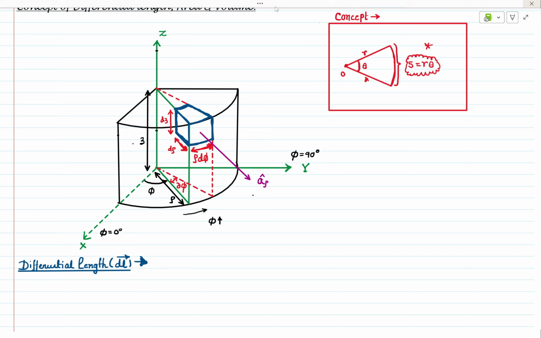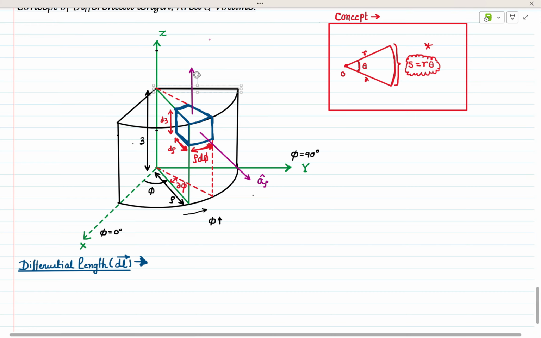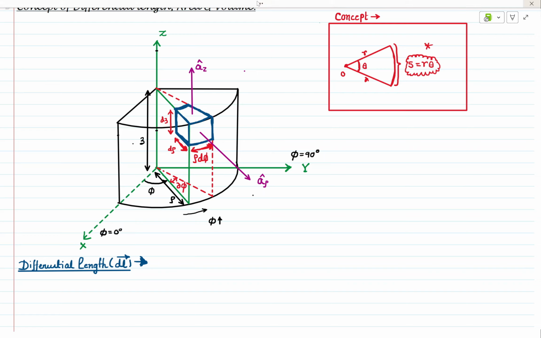Now let's see what the direction of z is. This is the z direction, so that is given by az.